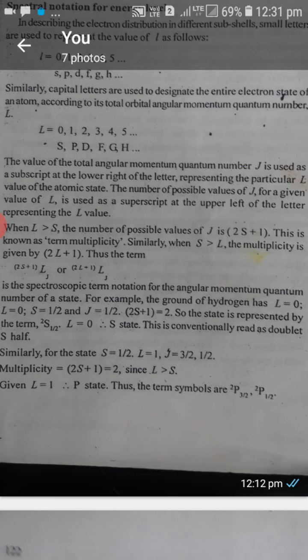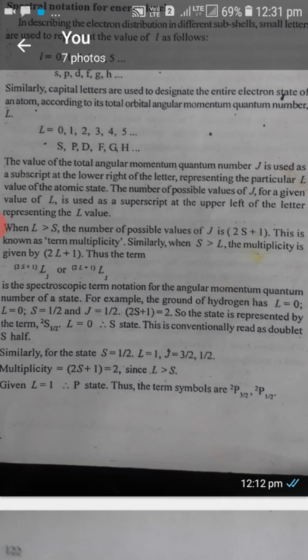The possible values of J: here L is not greater than S, since S is a half integer, so you put 2S plus 1, that is 2 into 1/2 plus 1, the 2s cancel, which equals 2.